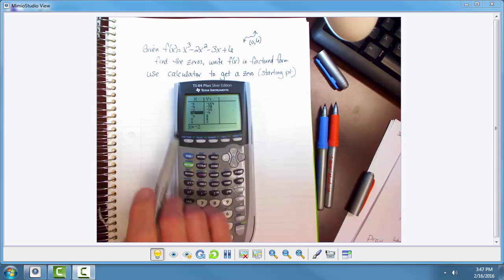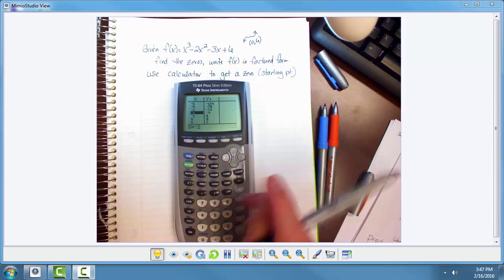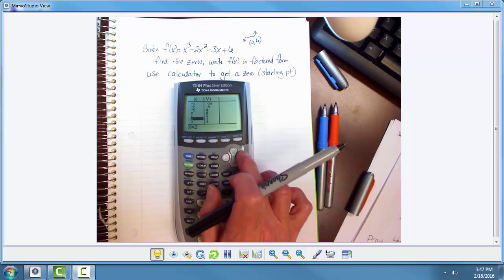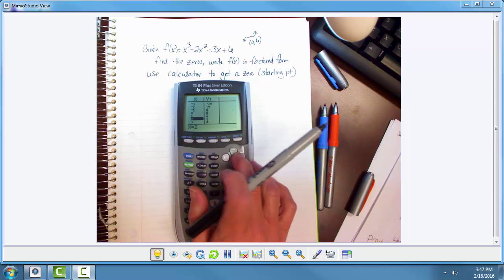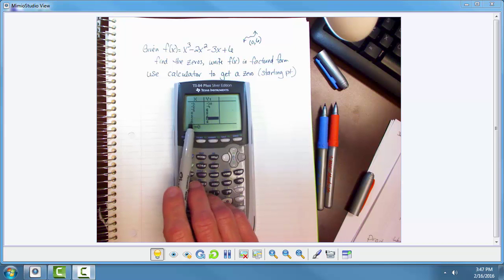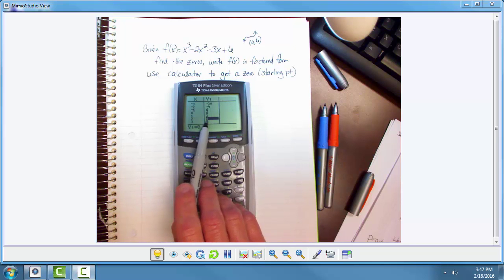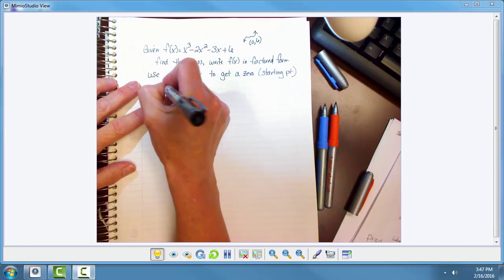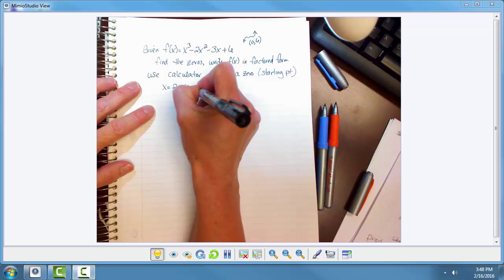Not in the X column, but in the Y column. Oh, right there's one. You see that? When X is 2, Y is 0, right there. Okay, so that means X equals 2 is a 0 from the calculator.